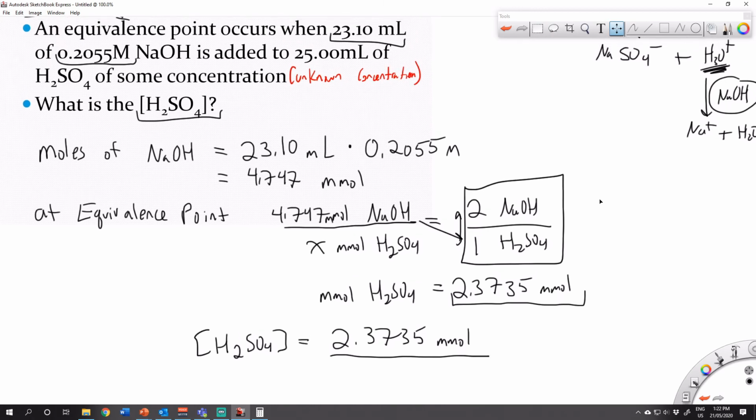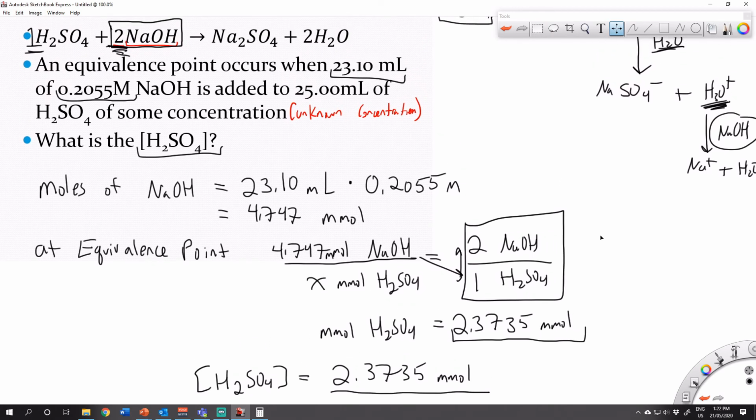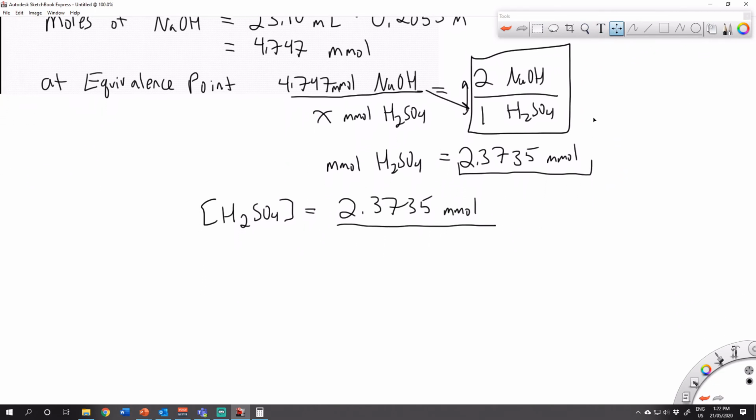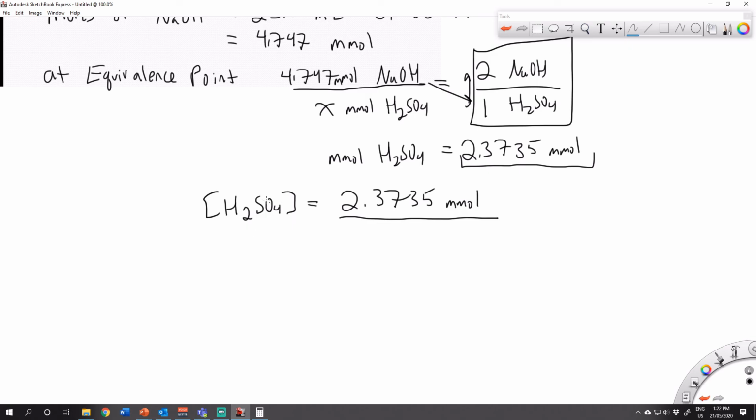And now here's the part that some students will get confused, because the volume we use will be just this one, just 25 milliliters. So we're not going to use a combined volume, because the concentration of H2SO4 comes from our 25 milliliter sample.